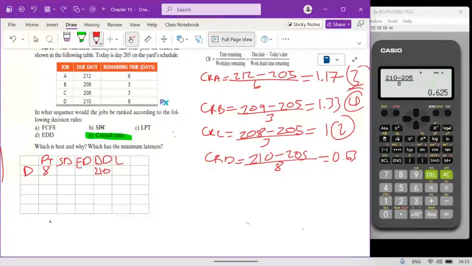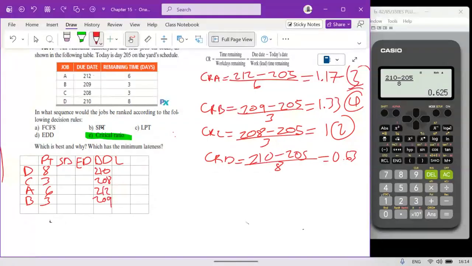Okay, and we have number 2 as C, which is 3 and 208. And we have number 3 as A, which is 6 and 212. And we have number 4 as B with 3 and 209.